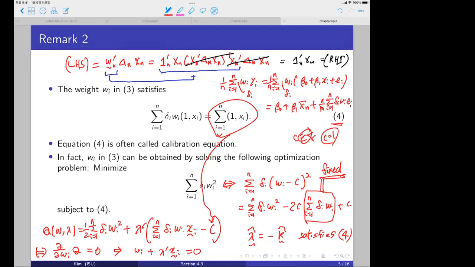So this guy is the variance of this one. What is the variance of this guy? Because we know this is the best, we can minimize this one subject to this constraint, and that achieves the best.